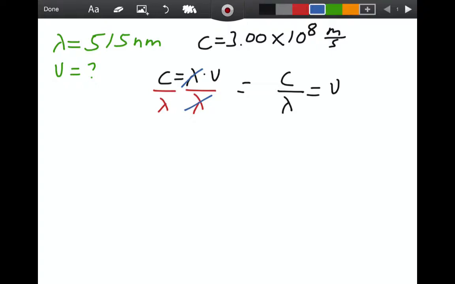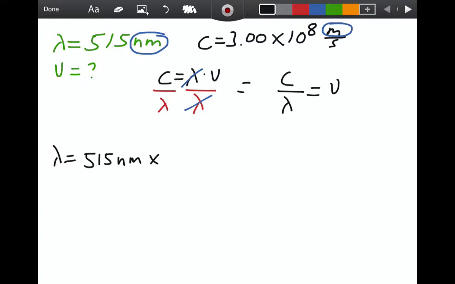Notice my length unit for lambda is in nanometers, and my length unit for the speed of light is in meters. So we're going to have to get those two things to be the same in order to cancel them out. So we're going to have to convert one of those. Let's go ahead and convert our lambda into meters. So lambda is equal to 515 nanometers.